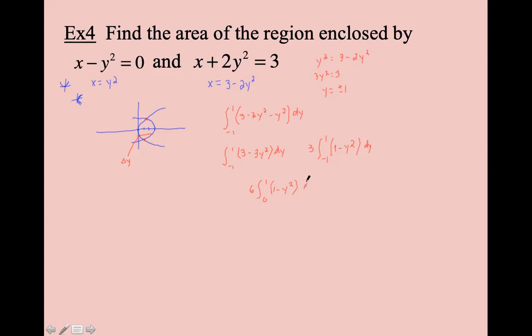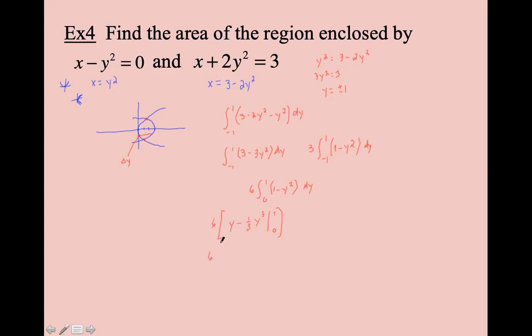All right, so I'm going to find the antiderivative. I'm going to leave this 6 for the very end. Antiderivative of 1 is going to be y. Remember, we're working with respect to y here. Antiderivative of y squared is 1/3 y cubed. And our limits of integration, we're going from 0 to 1 instead of -1 to 1 because we doubled it.